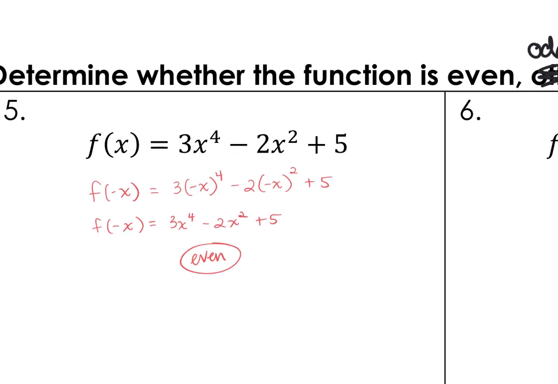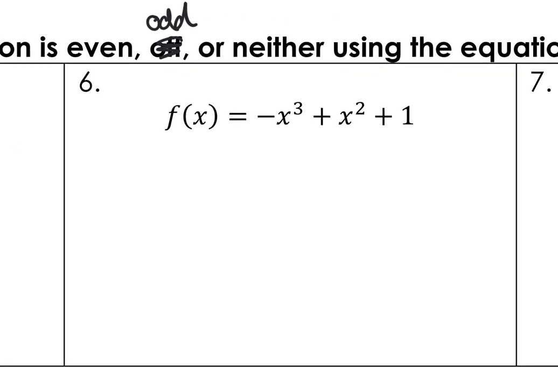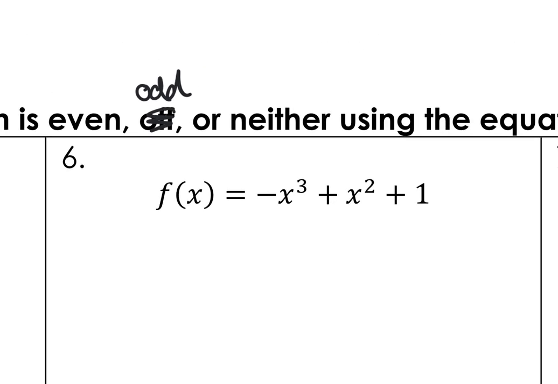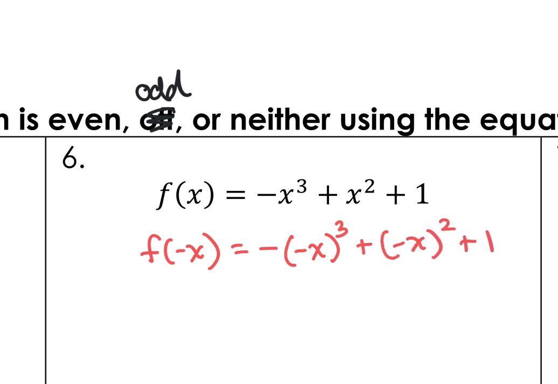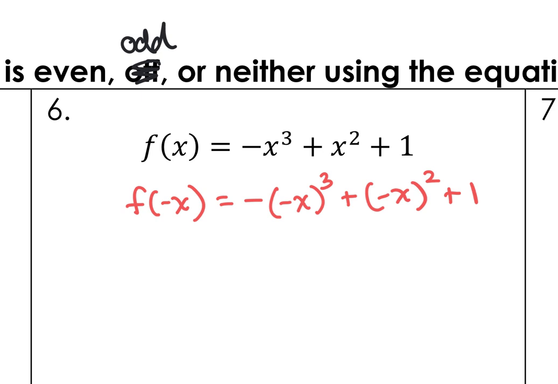So now let's look at number 6. f of x here is negative x to the 3rd power plus x squared plus 1. So we're going to plug in a negative x and see what happens. So we have a negative 1 basically times negative x to the 3rd plus negative x squared plus 1. So what happens when we cube a negative number? A negative times a negative times a negative is a negative.